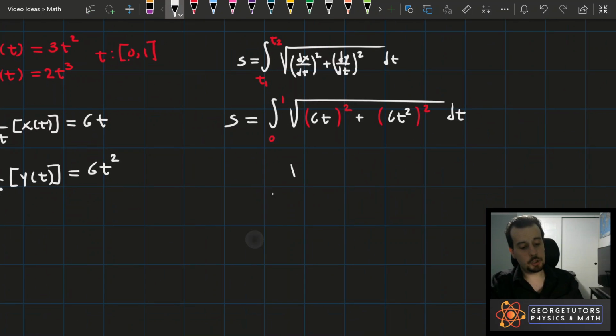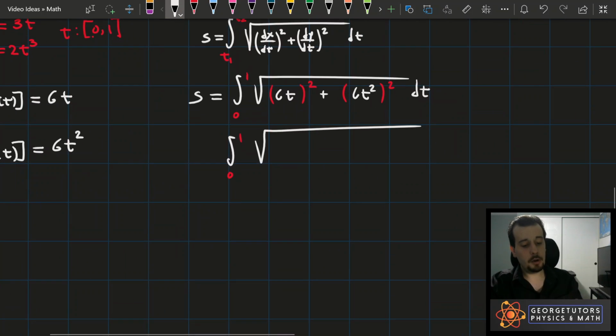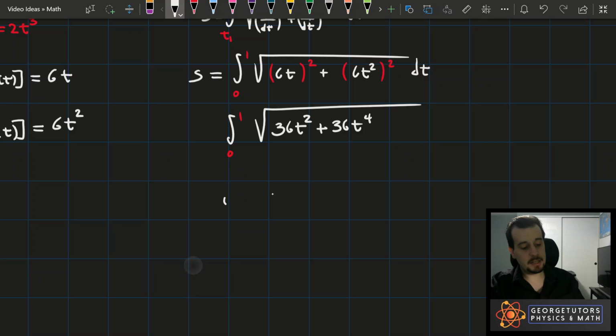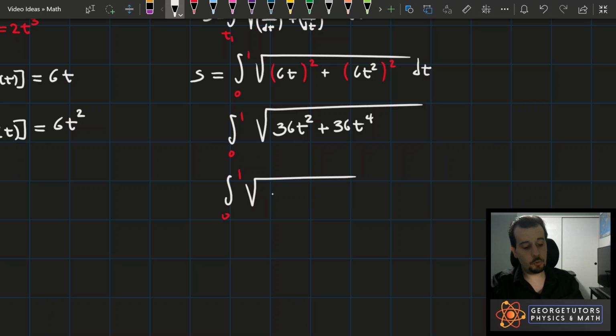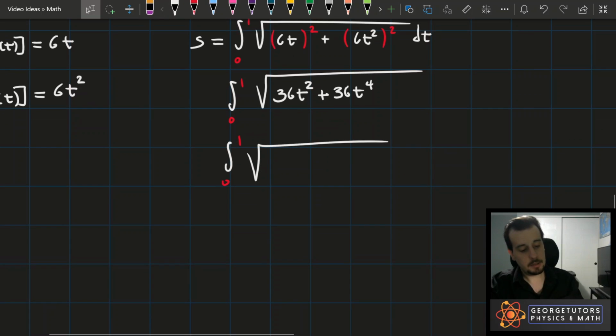I'm going to go ahead and distribute in here the powers of 2. So I'm going to have, again, the same bounds, 0 to 1. And under the square root now I have 36t squared plus 36t to the 4th. I hope you can notice that we can actually factor the 36, but also a factor of t squared outside like this.